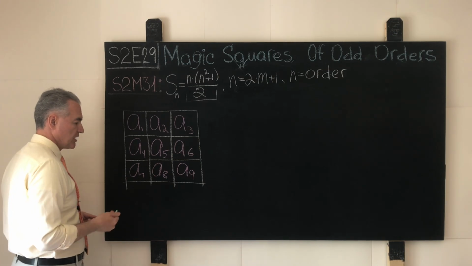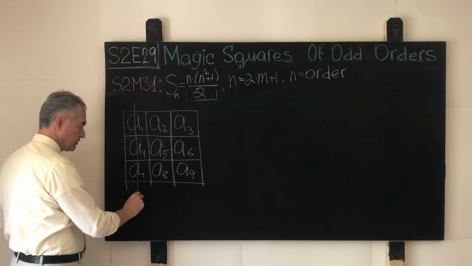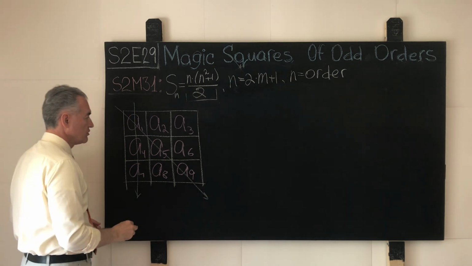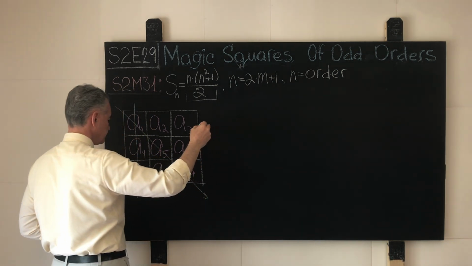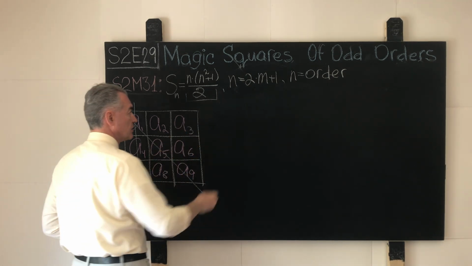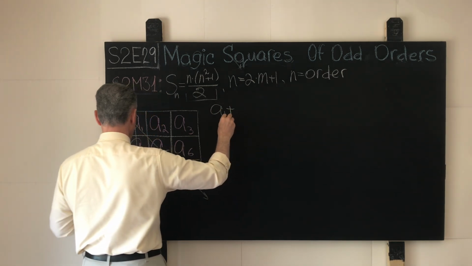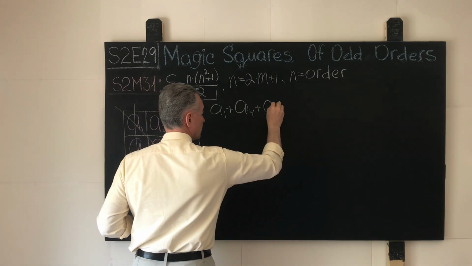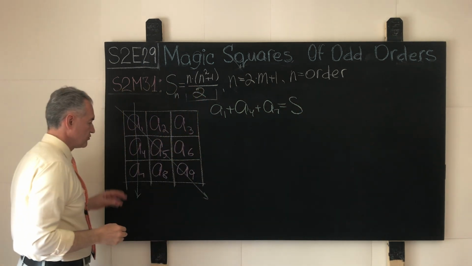First, for a first take, we will work our way vertically like so, and through a diagonal like so. In other words, we write down one of the conditions for the numeric square to be the magic square. So we write down A1 plus, I'll use the green chalk for now, A4 plus A7 is S, the constant of the square.